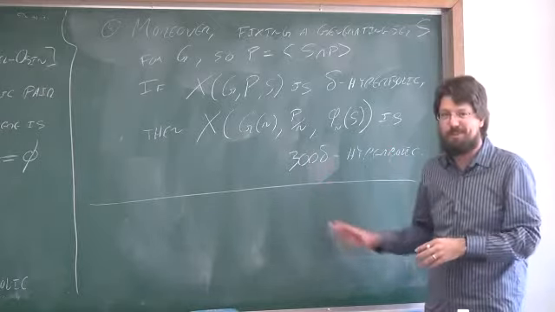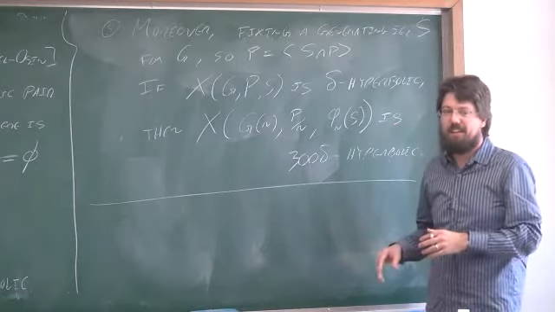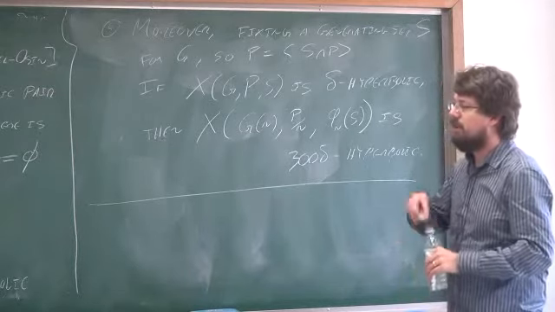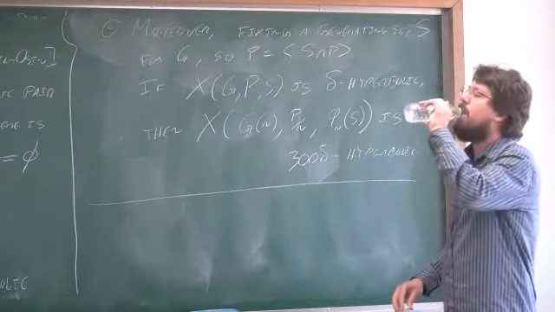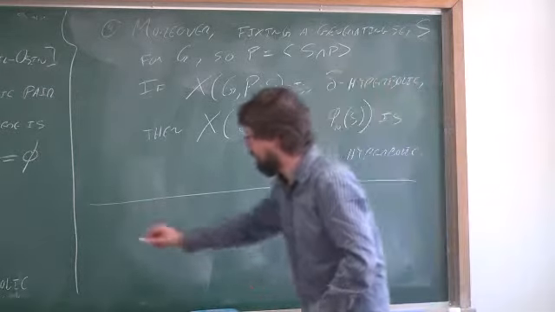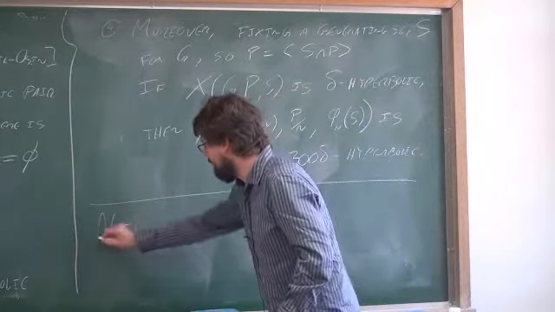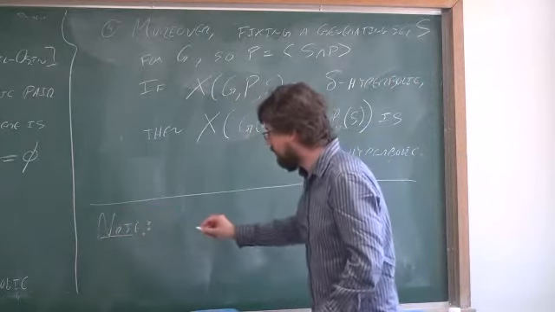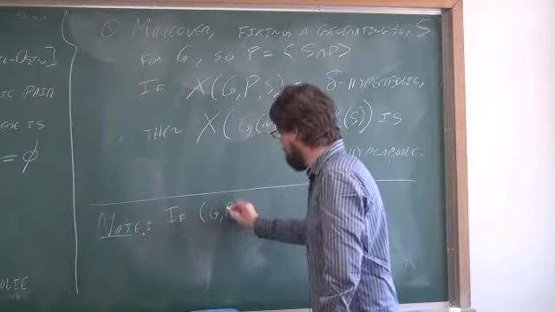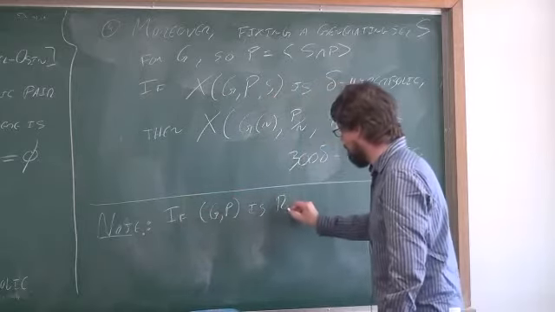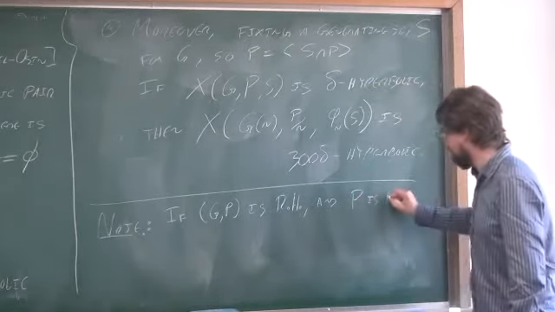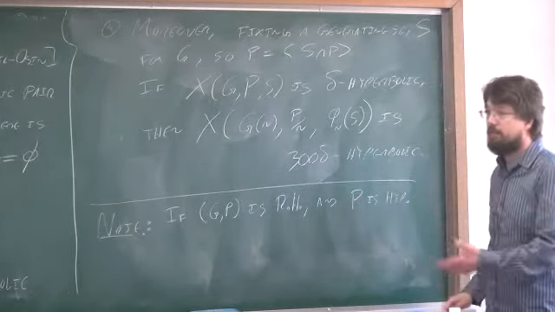Are there any questions about this statement before I say anything else? So where is the corresponding statement to the fact that pi_1 of M was hyperbolic? That's the fact that this pair is relatively hyperbolic. This is something I should have said: if I have a pair G, P that is relatively hyperbolic and P is hyperbolic, then G is hyperbolic.